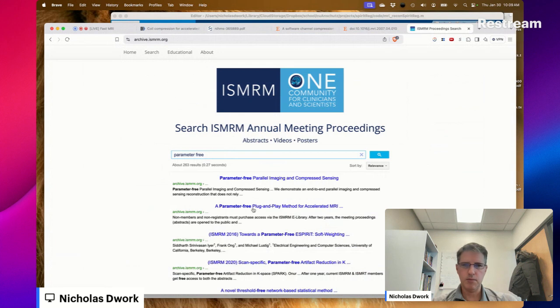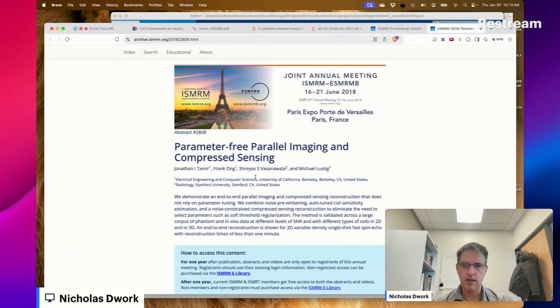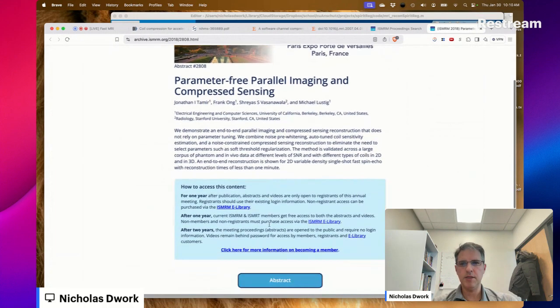There's this abstract, parameter-free parallel imaging and compressed sensing.